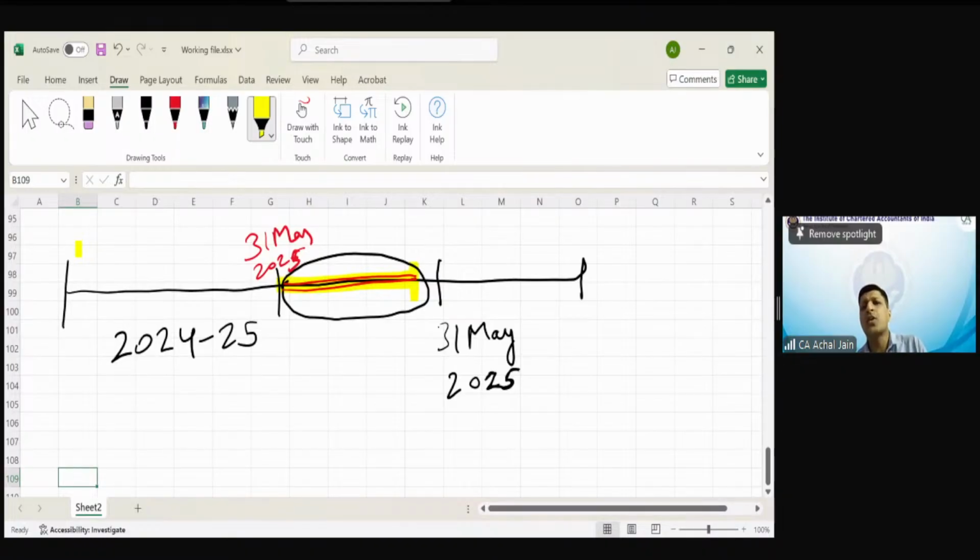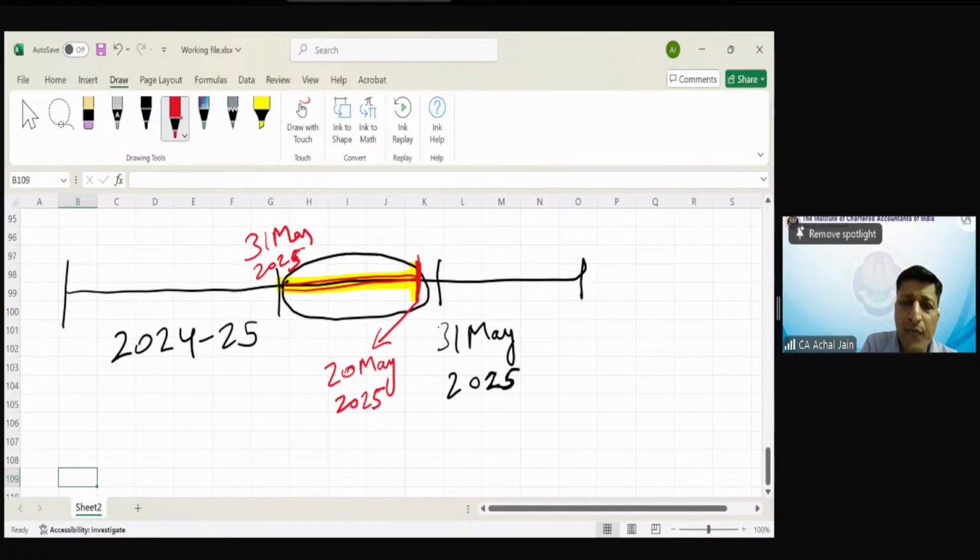Otherwise, it will keep going on, because the auditor needs to conclude and get on to the reporting and some of these requirements as well. So this cutoff will be drawn. Let's suppose this cutoff happens to be 20th of May 2025.